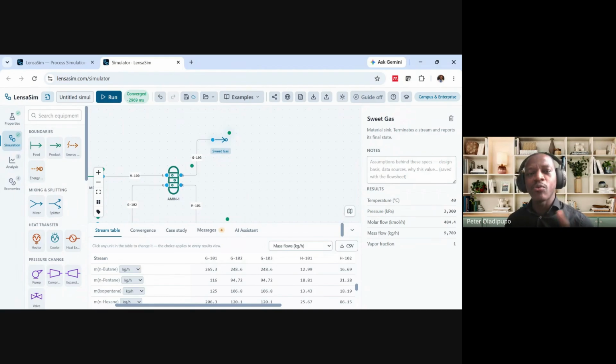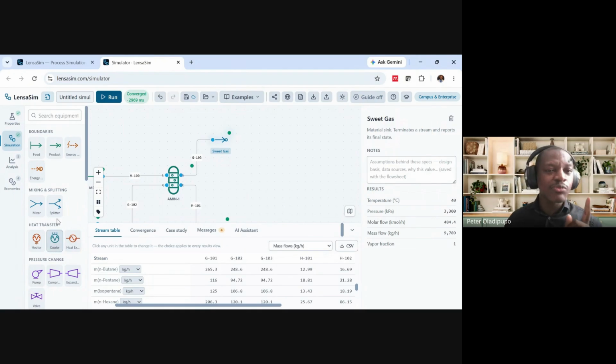The sweetening unit is an absorption tower: for absorption, the acid gases are absorbed within the MDEA. But for adsorption, the water in this case gets stuck on the surface of an adsorbent. Usually zeolite is one of the adsorbents used for this kind of process, so the unit is known as a molecular sieve dehydration.